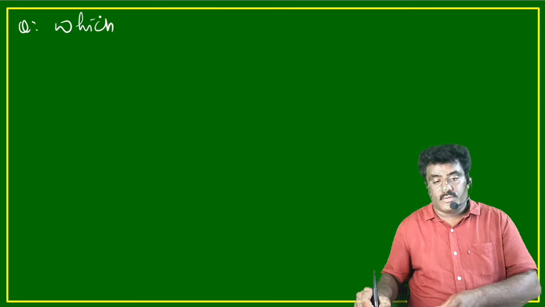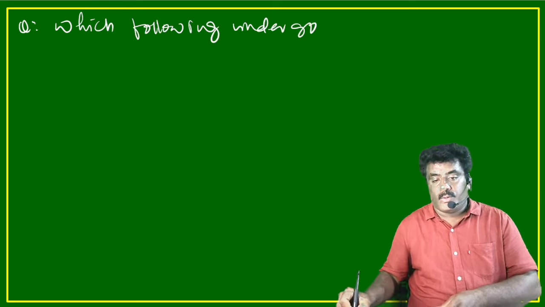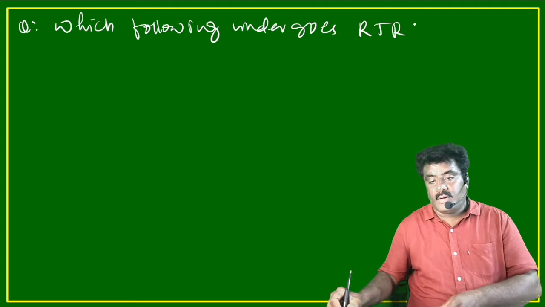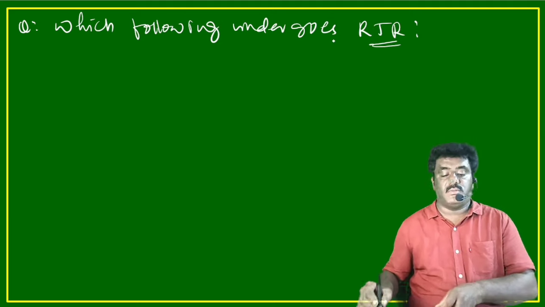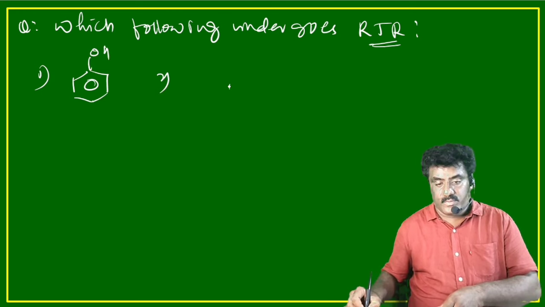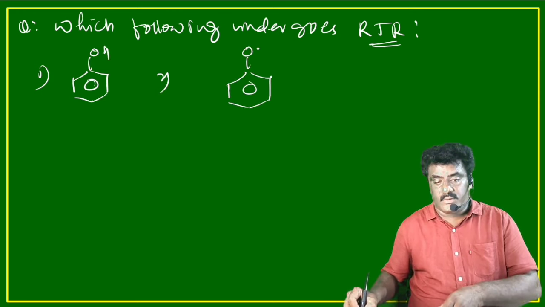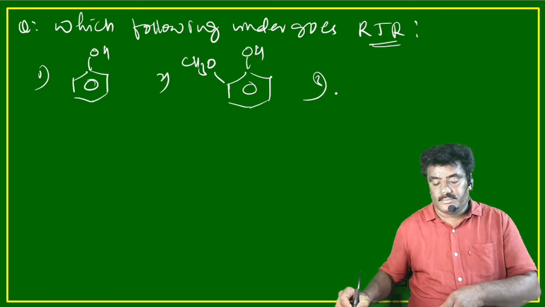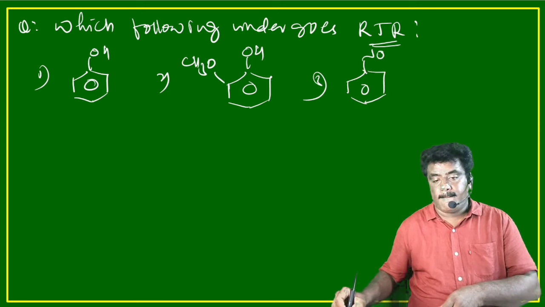I will look at a question. See, which of the following undergoes Reimer-Tiemann reaction? I am writing examples. It is phenol. Yes, phenol and phenol with CH3O. Yes, and third one nitrobenzene. Fourth one benzene.